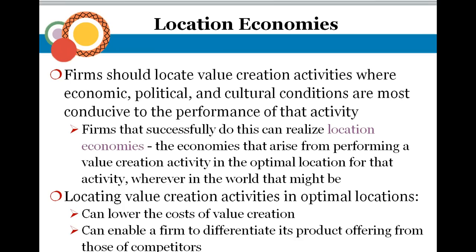For a firm trying to survive in the competitive global market, this has a big implication. Trade barriers and transportation costs permitting, a firm will benefit by basing each value creation activity it performs at the location where economic, political, and cultural conditions, including relative factor costs, are most conducive to the performance of that activity.